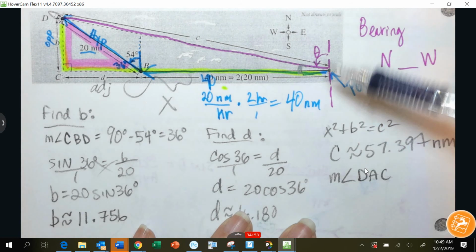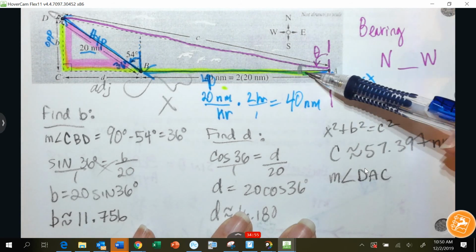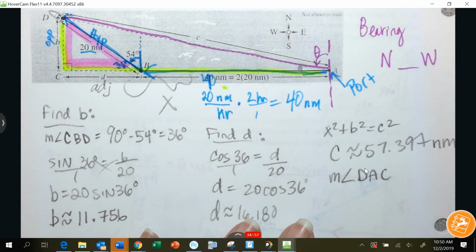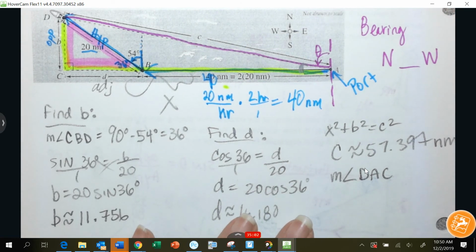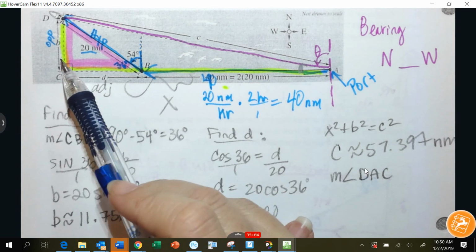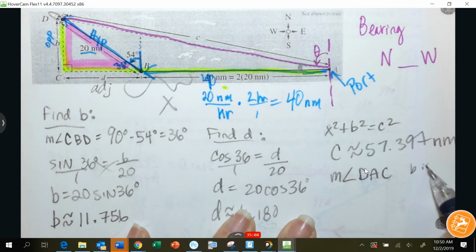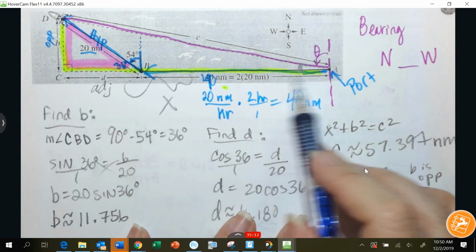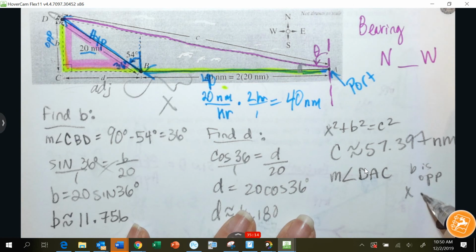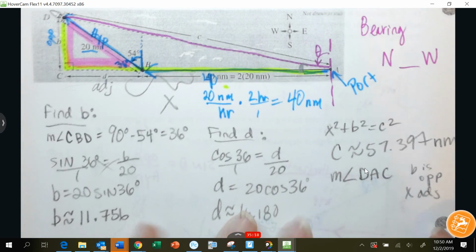According to this angle, what sides do I know and have stored? I have B stored, and that is the opposite. And I also have my X, which is the adjacent. So what uses opposite and adjacent?